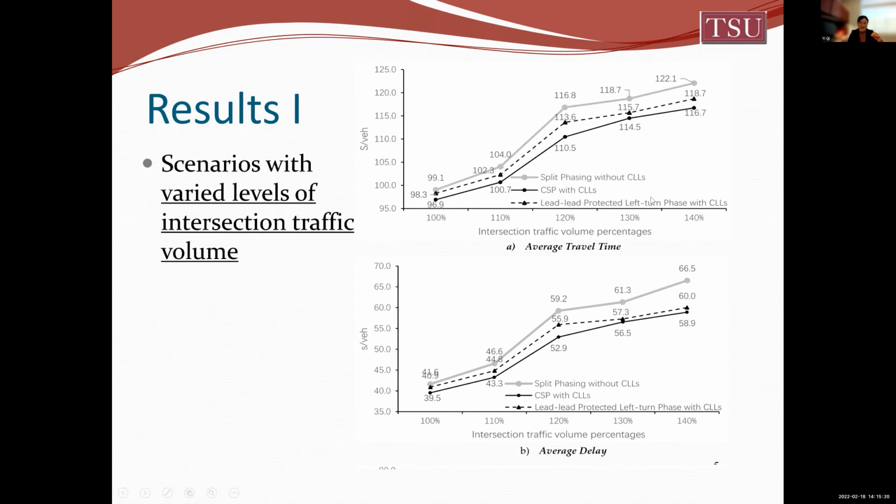You can see from this graph, the CSP signal timing works better than the existing lead signal timing for this intersection for all the traffic volume conditions, and also works better than the base condition, without CLL design. So this tells us the CLL design can help improve the operation of the intersection, and our CSP signal timing works better than the existing signal timing strategy.